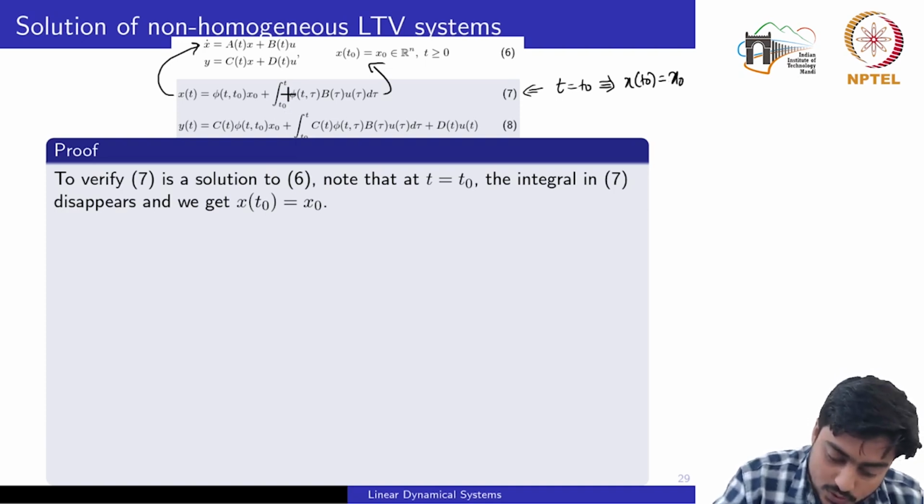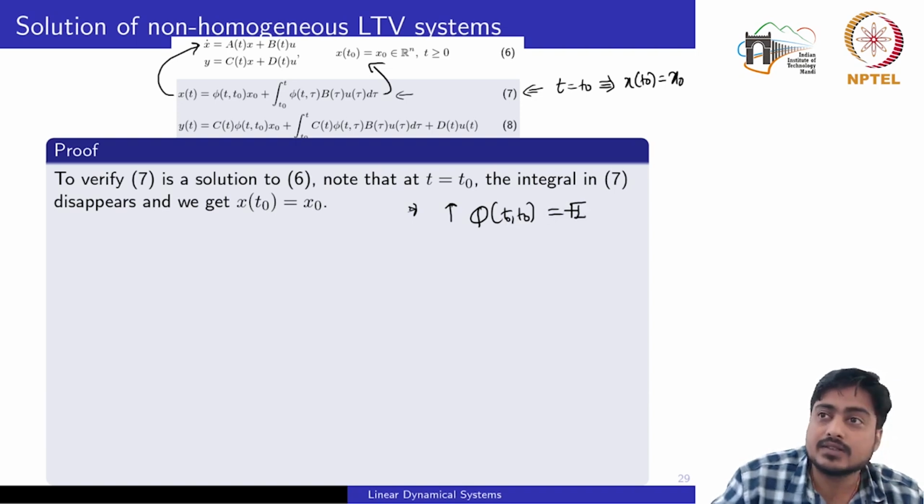Now let's put t is equal to t naught into this equation. It would give me x of t naught, which is equal to phi of t naught comma t naught, and from the property of the state transition matrix, phi of t comma t is equal to the identity matrix.